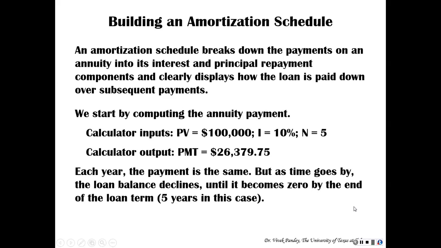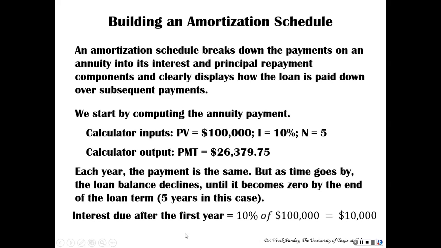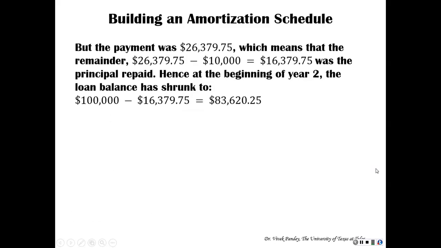So we're paying off principal and interest. What's the interest? Well, it's 10%, right? So after the first year, 10% of $100,000, the original amount of the loan, is $10,000. But our payment is $26,379, right? So $10,000 is interest, and the remaining is the principal amount that we pay back, of the $100,000 loan.